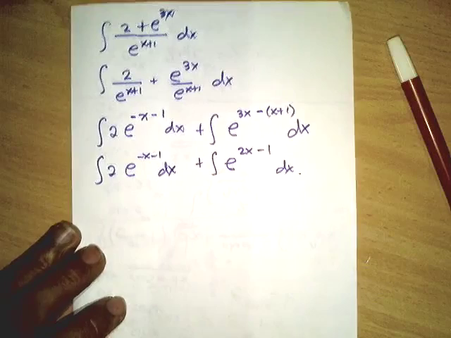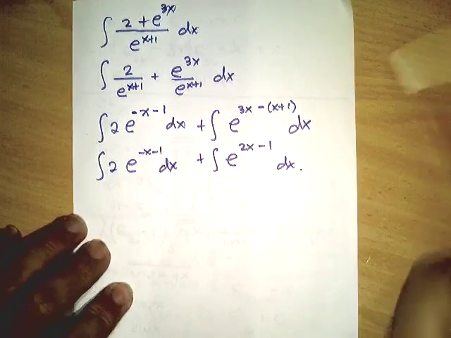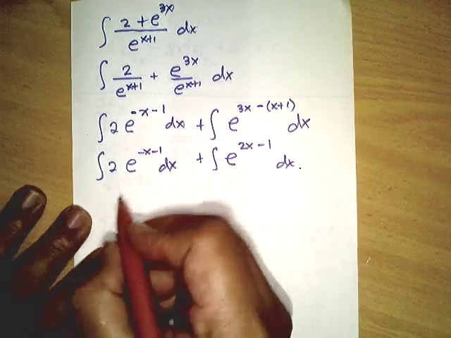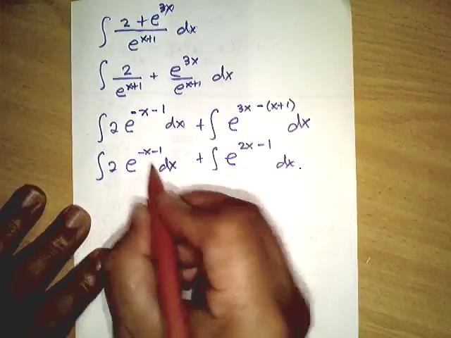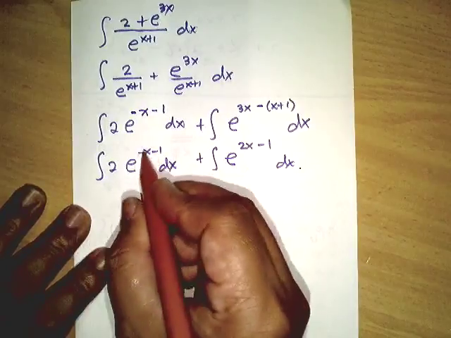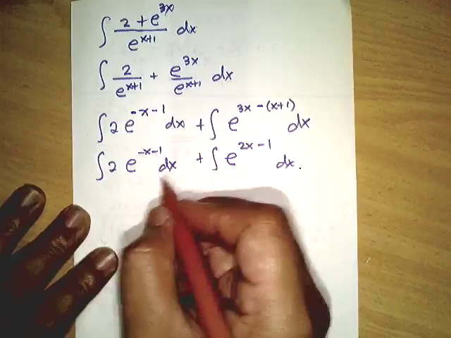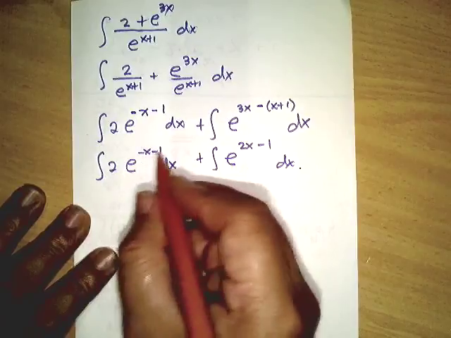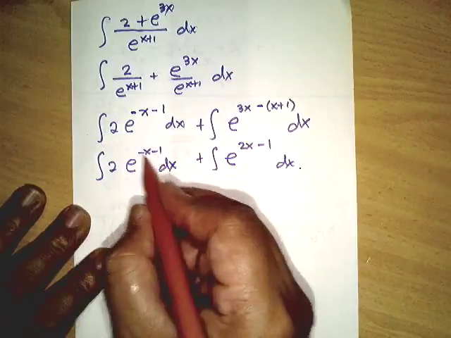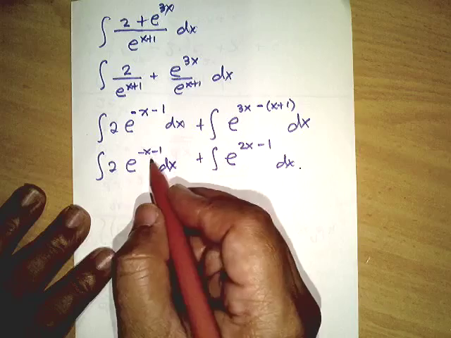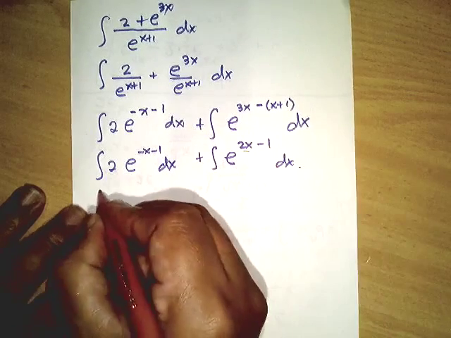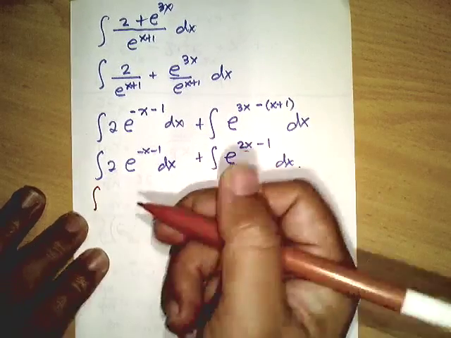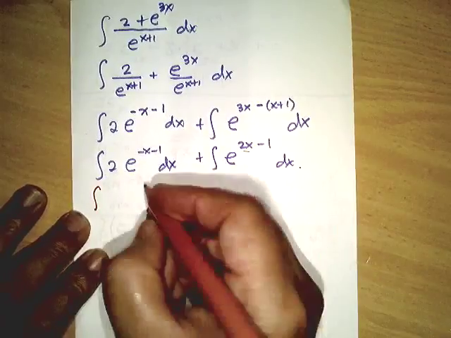Again, you can use substitution here. You can let your u as this. However, because it's just linear, when you take the derivative of that, it's negative 1, and when you take the derivative of the other, it's 2. So therefore, we can just simply take the integral right away.